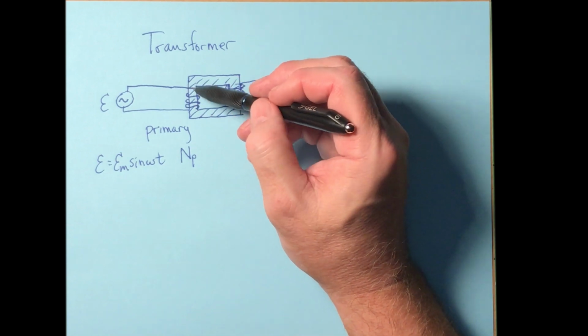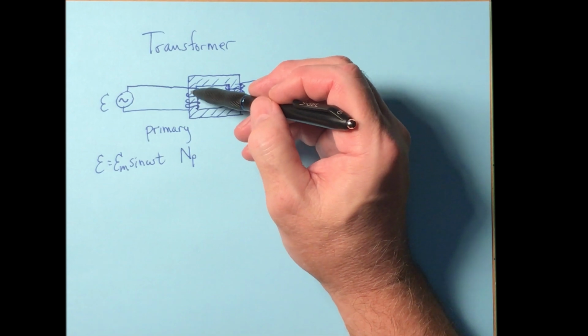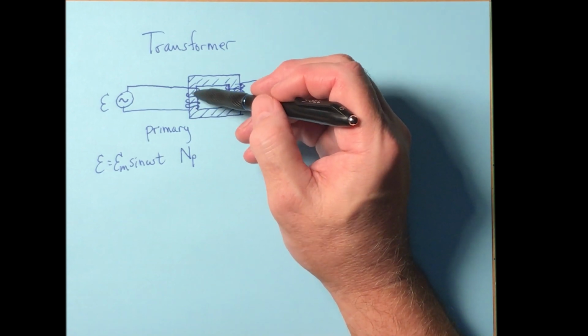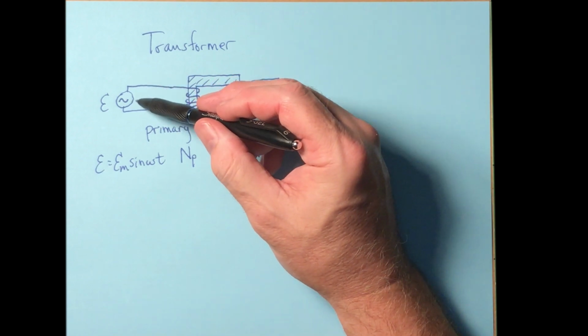So what's going to happen when you have a current going through these wires is going to create a magnetic field. And that magnetic field is going to oscillate back and forth inside the iron core because of the oscillating source.